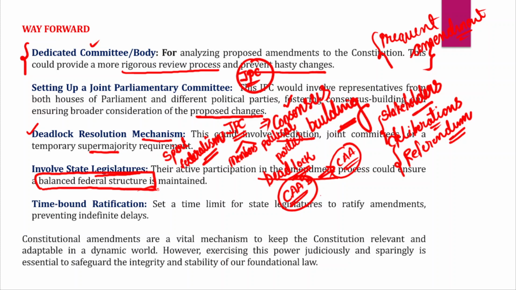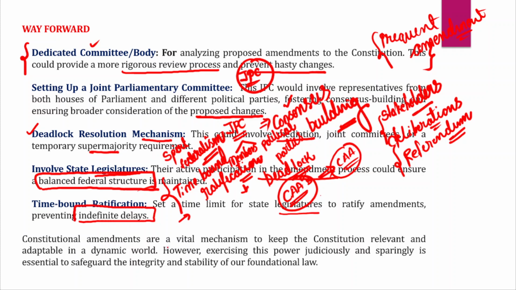And the other thing is that there should be a time-bound ratification on the part of the state governments as well, because the Constitution has not mentioned any specific time frame within which the state legislature must accept or reject the bill. A time-bound ratification could effectively prevent indefinite delays as well.